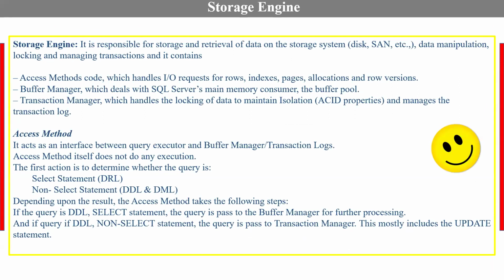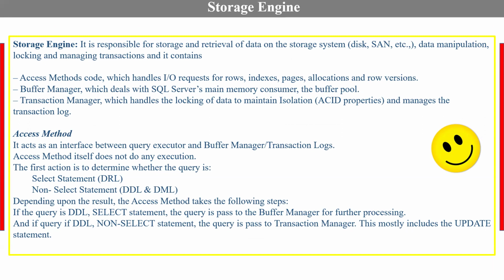The buffer manager contains the buffer pools. The buffer pool contains the caches: data cache, plan cache, and log cache. Multiple caches are available, but our main agenda is data caching. First it verifies whether the pages are available in the data cache or not.